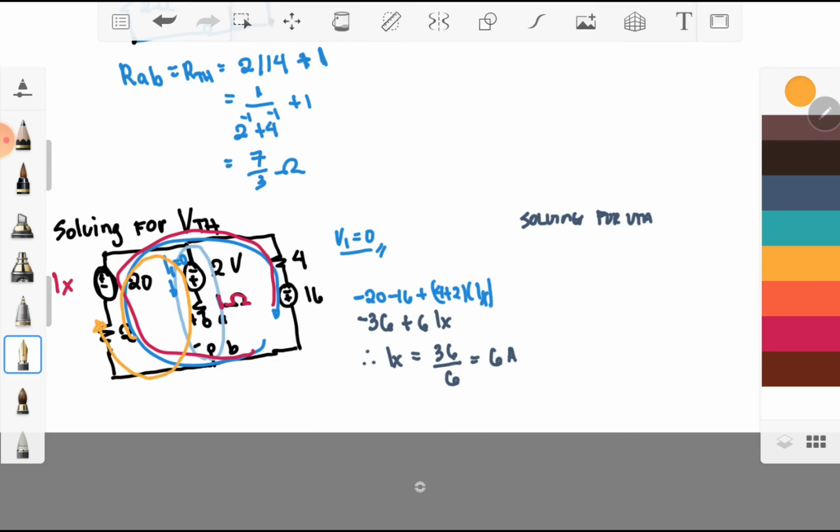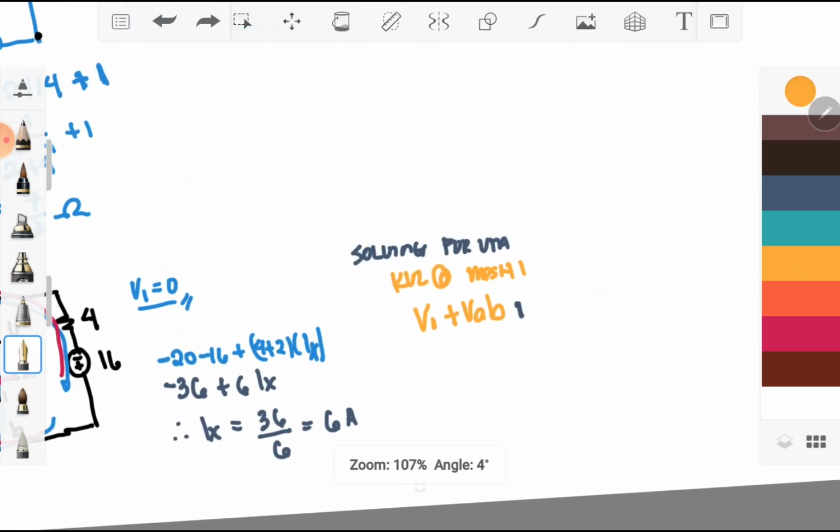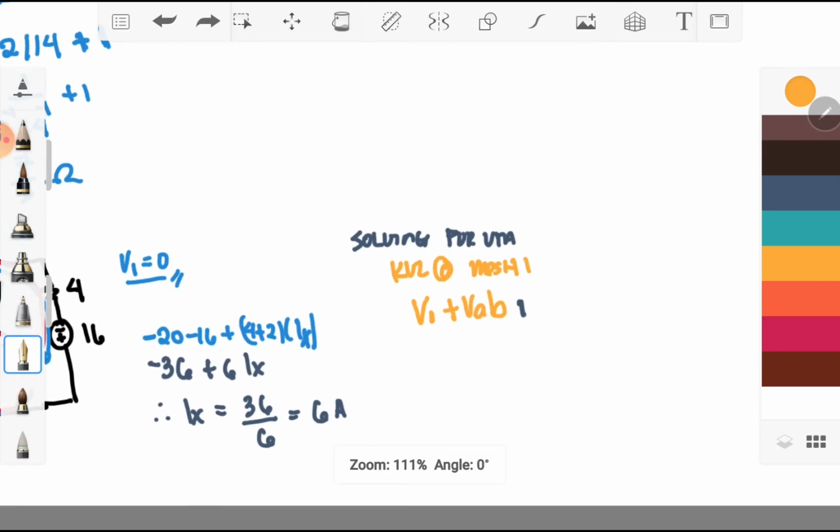Okay, so performing KVL at mesh 1. So take note that your 1 ohm, we still put that, V1 positive, plus VAB, plus 2IX. So why is your IX positive, sir?